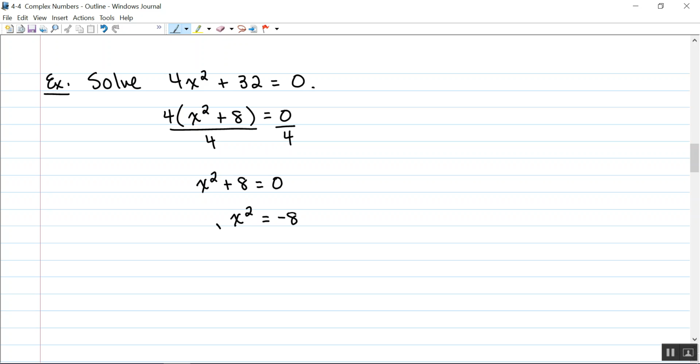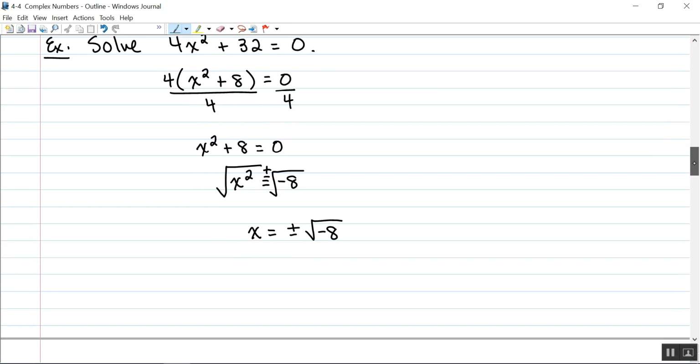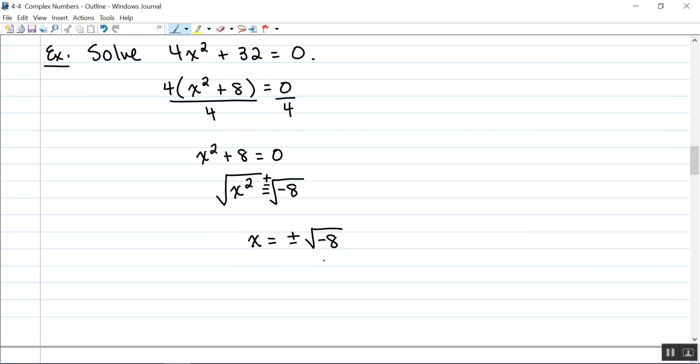Now I'm going to take the square root of each side. And when I take the square root over here, I'm going to have to do plus or minus. So x is equal to the positive or negative square root of negative 8. And I can't leave it that way. I need to simplify the square root of negative 8. So that's going to be equal to the square root of negative 1 times the square root of 8.